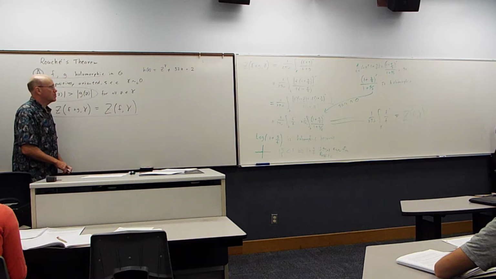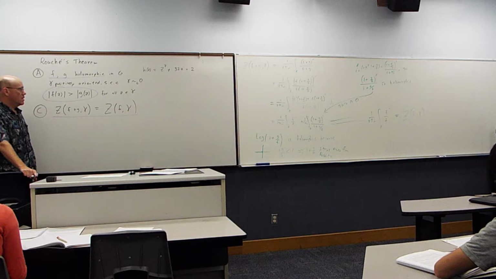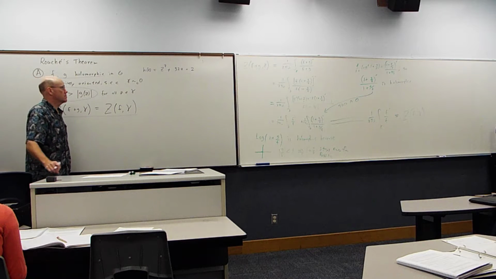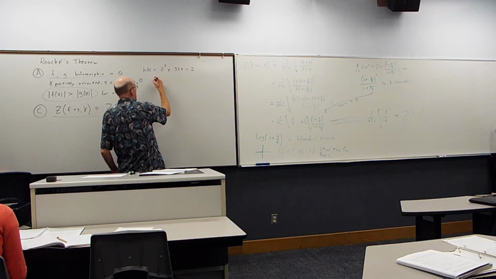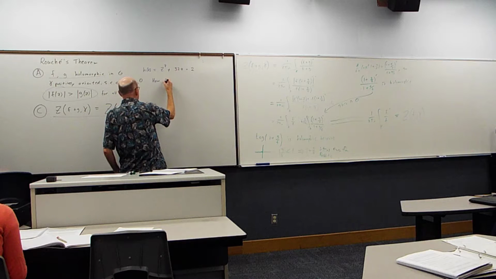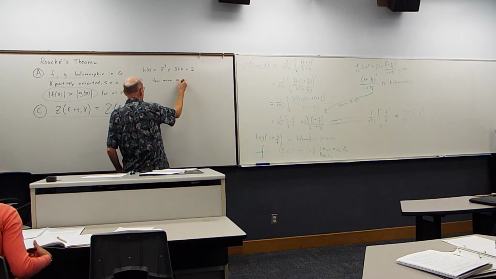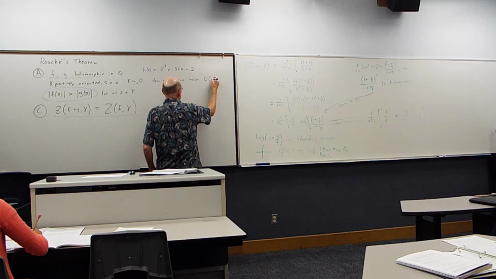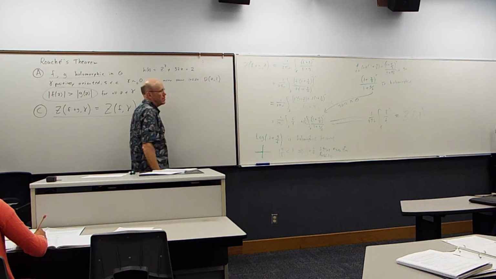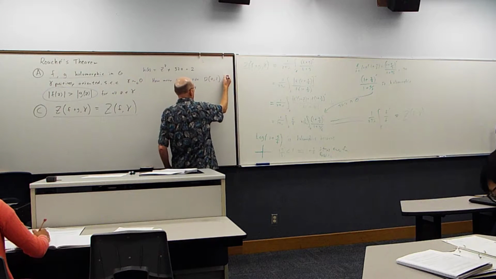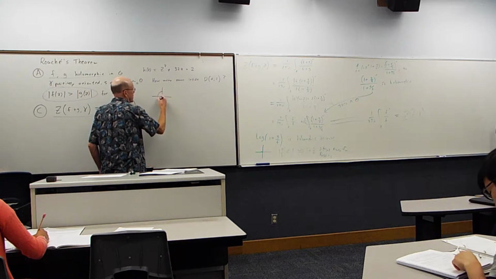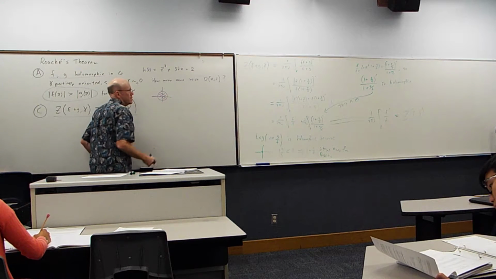So perhaps a good candidate would be, so maybe we can ask a couple questions. How many zeros inside the disk of radius 1, centered at 0? Maybe that could be the first question. Okay, so here's what the disk is right here. You want to know how many zeros inside there.